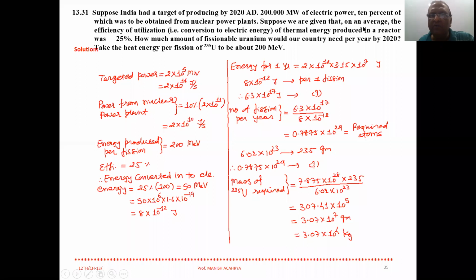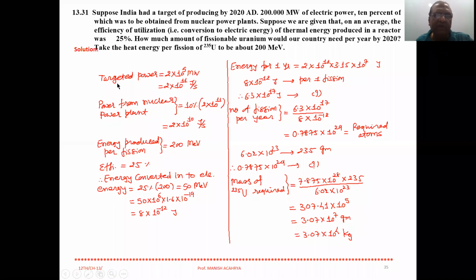Suppose we are given that on an average, the efficiency of utilization, which implies conversion of thermal energy produced in the reactor into electric energy, was 25%. How much amount of fissionable uranium would our country need per year by 2020? Take the heat energy per fission of 235 U to be about 200 MeV.